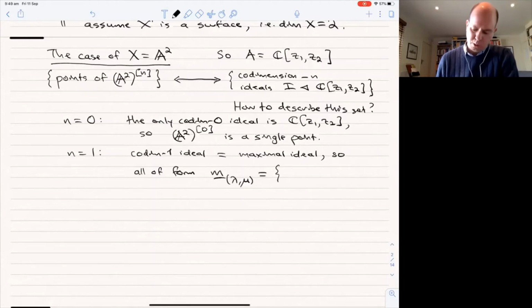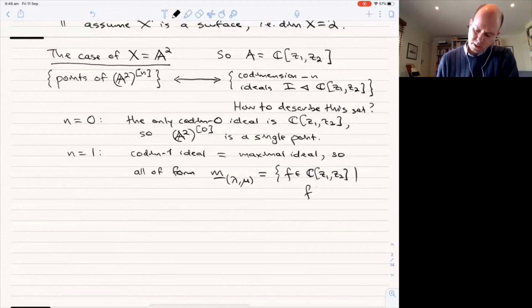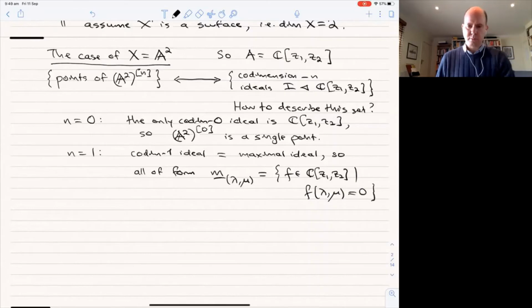So it consists of all polynomials in two variables which vanish at this particular point. So this clearly has codimension-n, and to identify the quotient with C, you just take a polynomial and take its value at this point lambda mu.